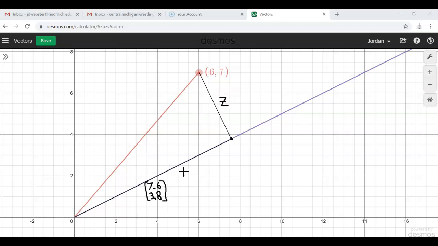So here's my projection vector from 0, 0 to there, and then there's my z. Let me see if I can draw an arrow here. Oh yeah, that's better. So 7.6, 3.8, that's one vector, and then the orthogonal vector to it is my z. Okay, so that's what we did.